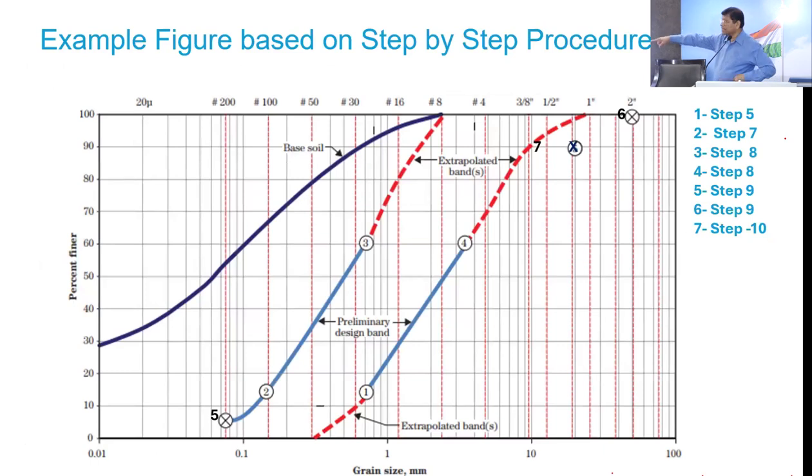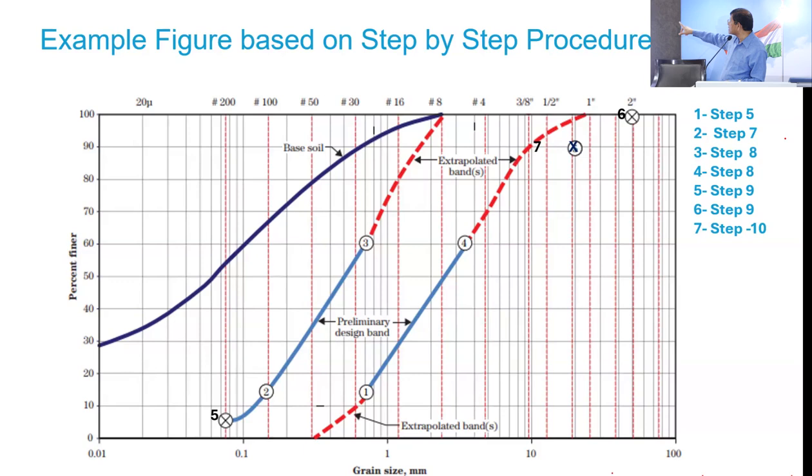So this is our base soil, and the base soil will be regraded if it has any particle more than number 4, and based on that regrading we will come up with this design criteria.